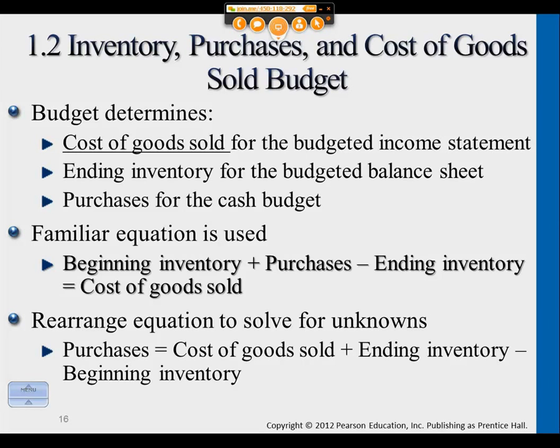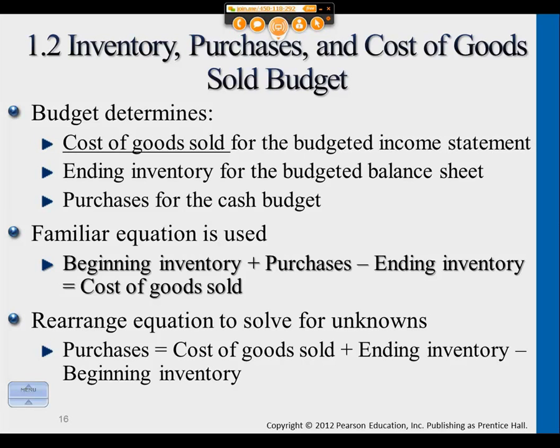So how am I going to find this cost of goods sold? It's your beginning inventory plus purchases minus ending inventory. That's just a reminder. Given this, to find my cost of goods sold, I need to know my beginning inventory, estimate what my purchases are going to be, and the projected ending inventory.